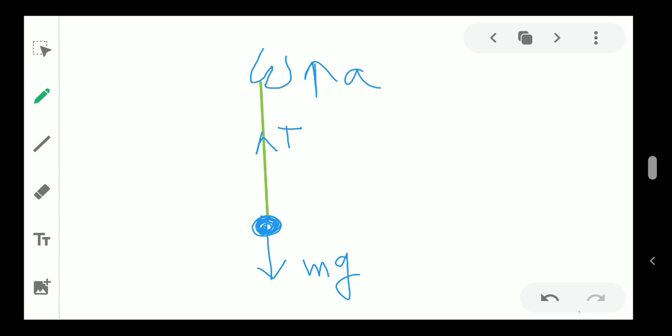So the ball will give inertial force in the downward direction, so that it can restore its own state. Now if we do the balancing, we can see tension is equal to ma plus mg.